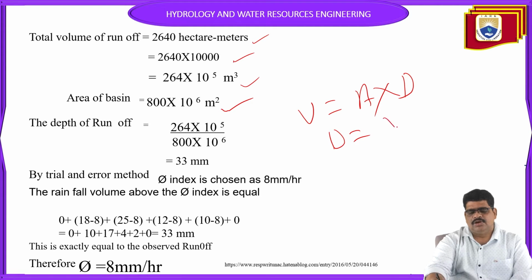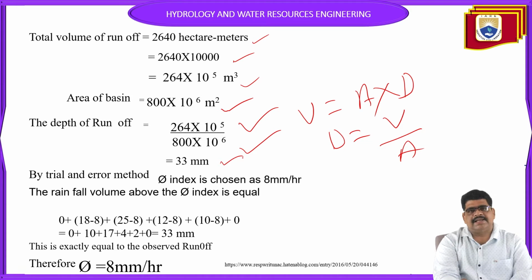D is equal to volume divided by area. So 264 into 10 to the power of 5 is the volume, and 800 into 10 to the power of 6 is the area given. By solving this, it is equal to 33 mm.